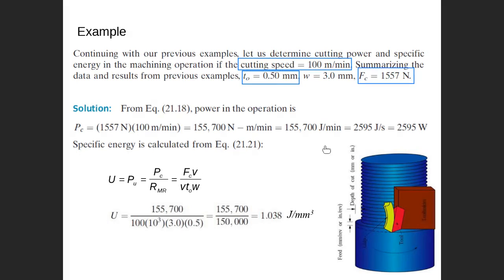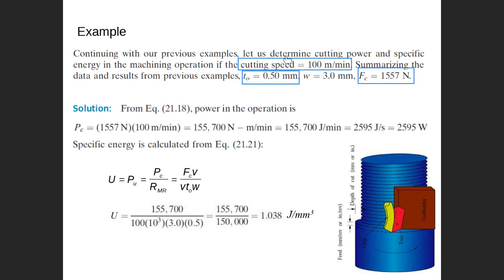Something else. Here the cutting speed and the cutting force are given. Sometimes I don't directly give you the cutting speed and cutting force. I may give you shear stress and cutting speed. Listen to me carefully.